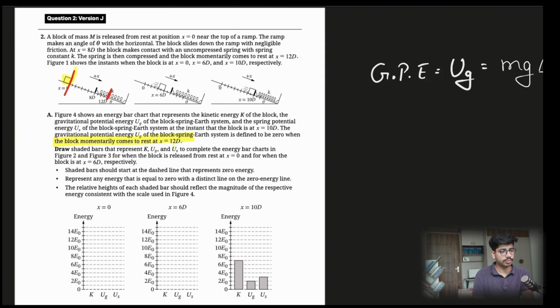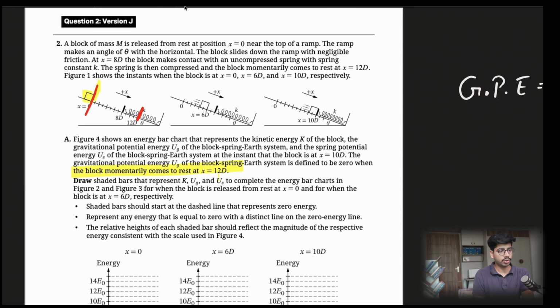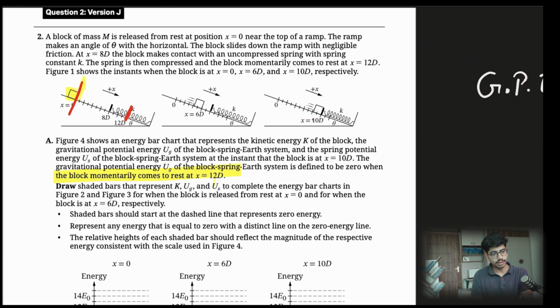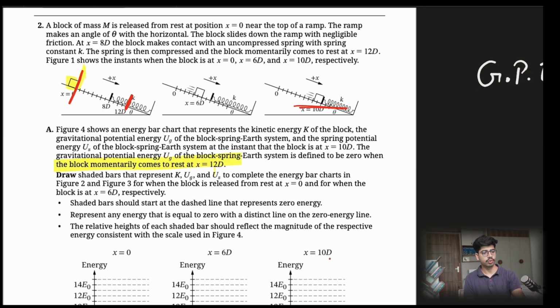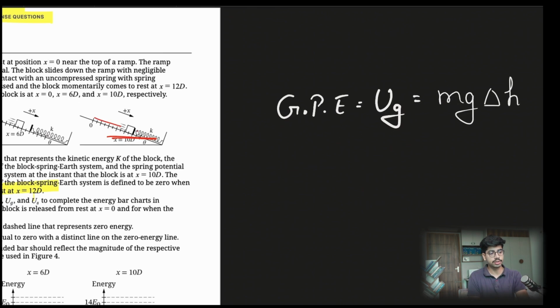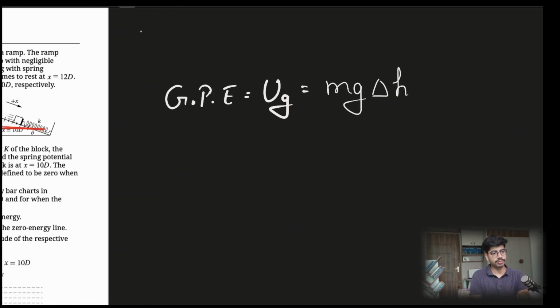One more thing they mention is that they are taking the gravitational potential energy level at 12D as the zero potential energy level in this diagram. Gravitational potential energy always depends on how much the height has changed, not on the sliding length. I will come to that point. So the height matters.